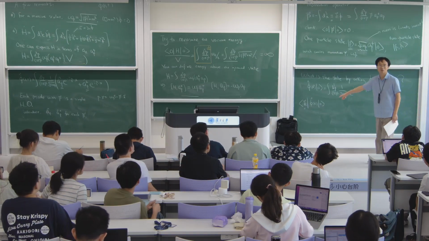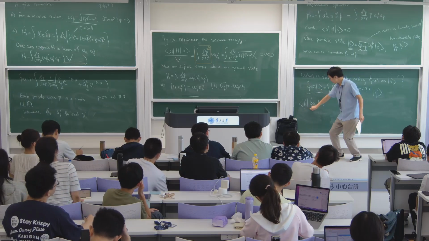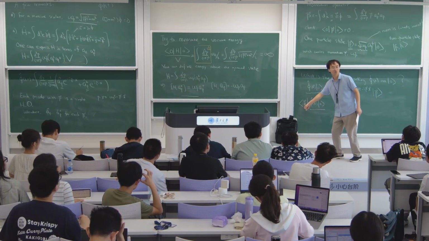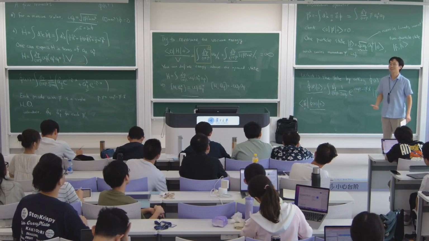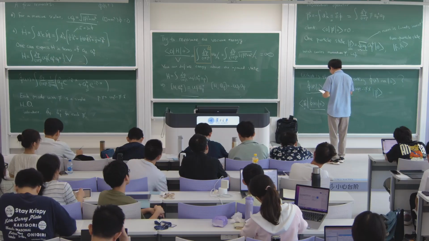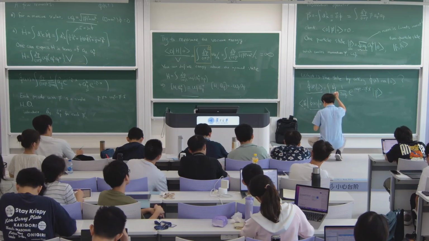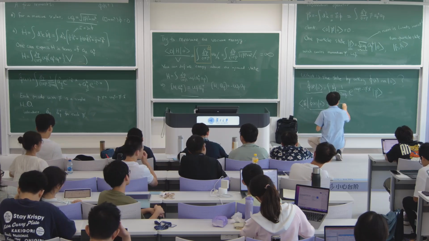For example, you can check this overlap. This means I want to understand this state, so I project this state onto some K state to understand what I get. After a few minutes of calculation, it's not that difficult.